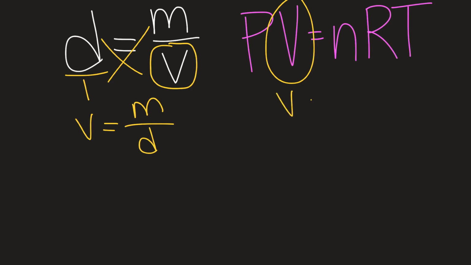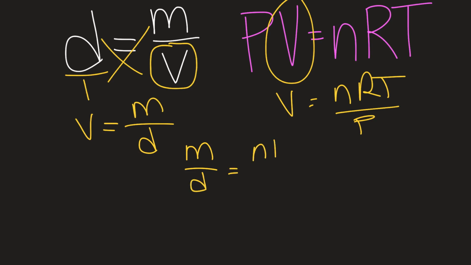And then over here, volume is going to be equal to nRT over P. And now through transitive property, which is my favorite geometric property, by the way, if A equals B and B equals C, then A equals C. So we'll set m over D equal to nRT over P. Now let's make a goal to isolate density.